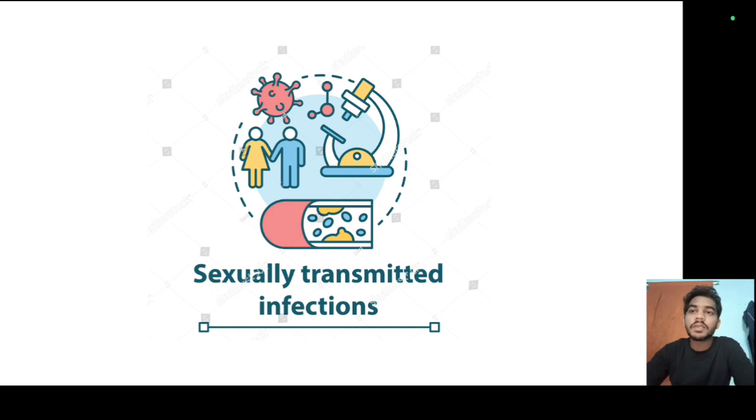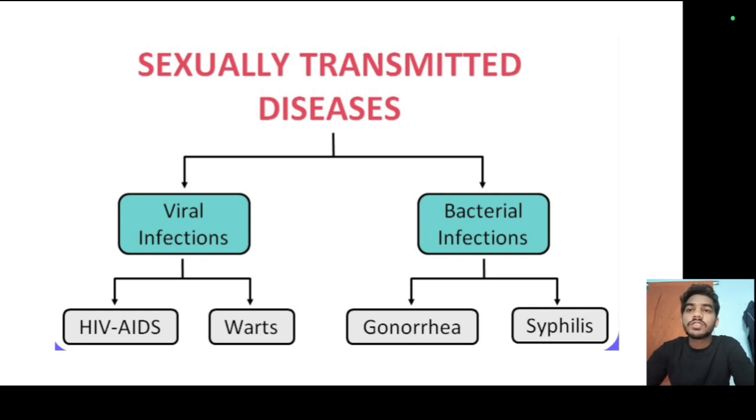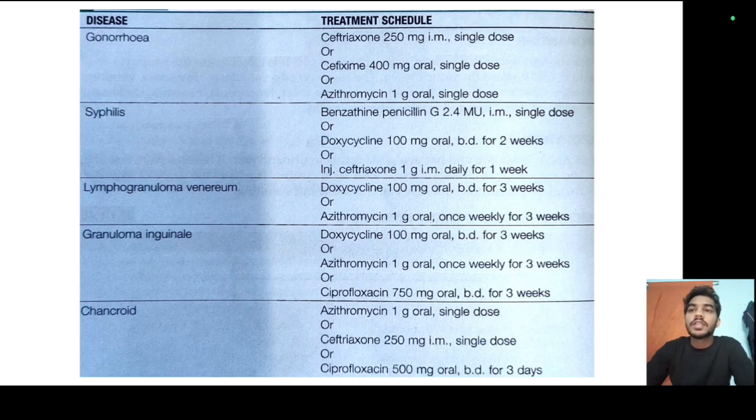Now the last topic of our session is sexually transmitted infections. Sexually transmitted infections are of two types: viral infections and bacterial infections. Viral infection includes HIV and warts, and bacterial infections include gonorrhea and syphilis. In gonorrhea, we give ceftriaxone or cefixime or azithromycin.